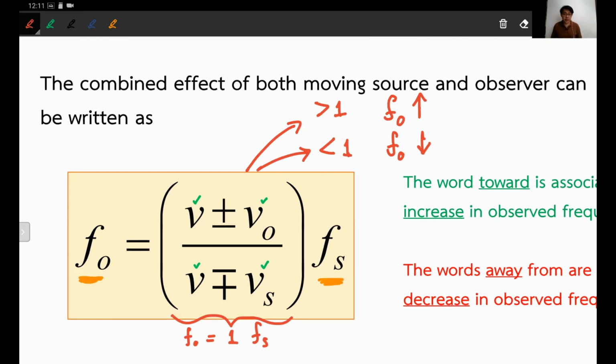And that's it. This is the structure that I'm giving you just for calculating the Doppler effect. Now, the task that's left for us is what are these signs that we're supposed to pick for the scenario that you are facing in a Doppler calculation?